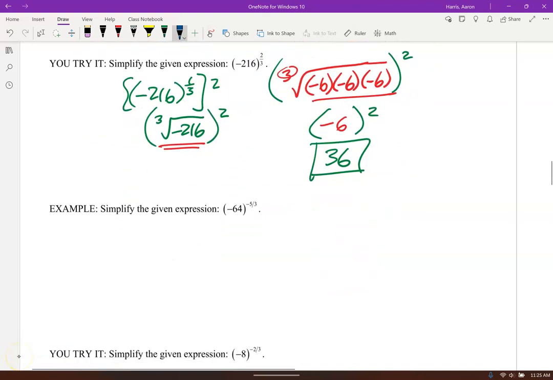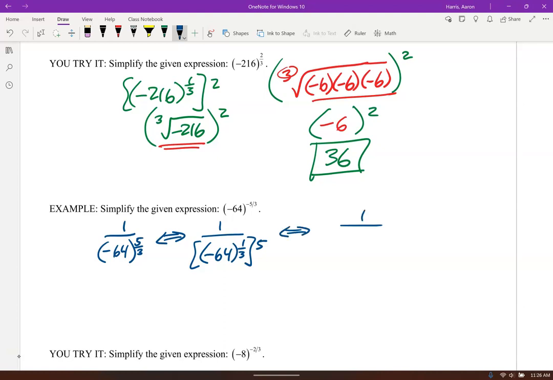But this next one, we got negative 64 to the negative 5/3. Well, it's a negative exponent, so I'm going to write that as 1 over negative 64 to the positive 5/3. And then I'm going to go from there. So that's negative 64 to the 1/3, to the 5th, there's the 5/3.